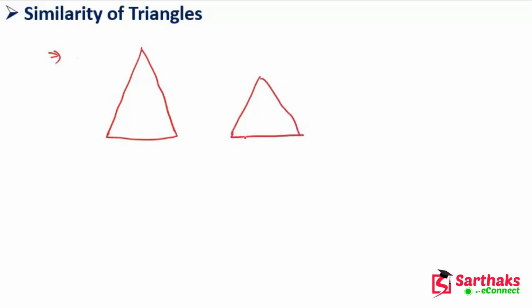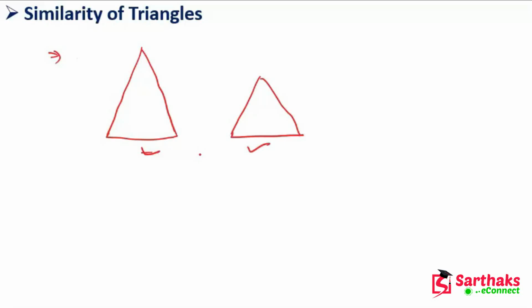You have to understand the concept of similarity. We have two triangles which are same in shape but the size is different, so these are similar to each other. All equilateral triangles of any side length are examples of similar objects. I hope you understand these things.